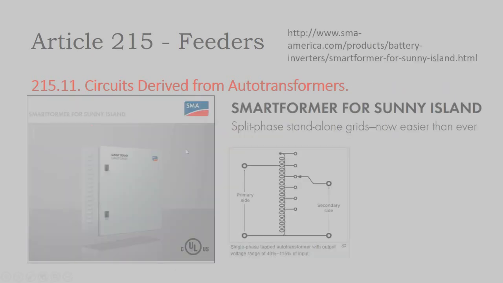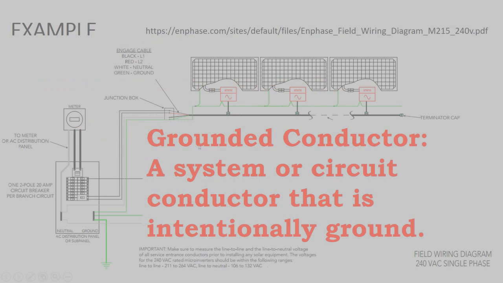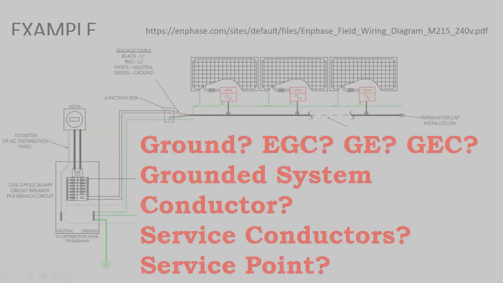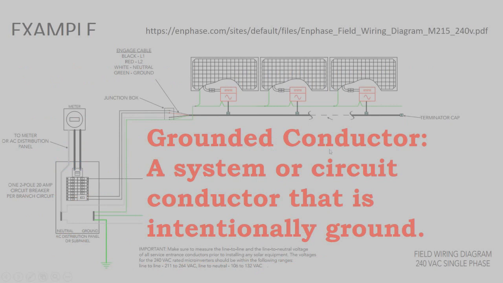We still don't know what this grounded conductor is. We haven't defined it yet. A grounded conductor is a system or a circuit that is intentionally grounded. So a grounded conductor is like this green conductor that is intentionally connected to ground.